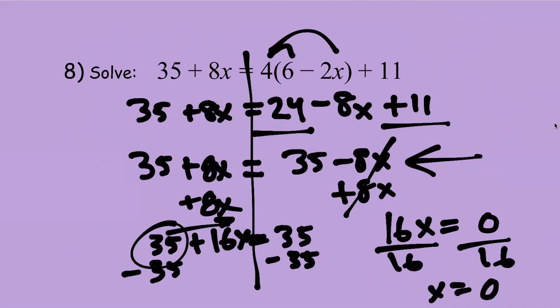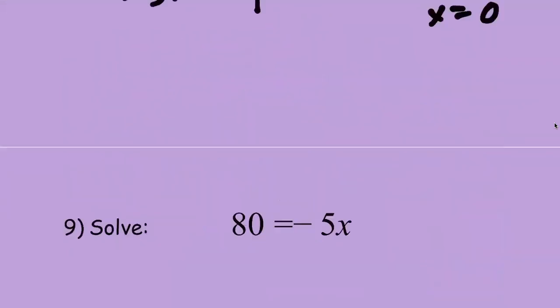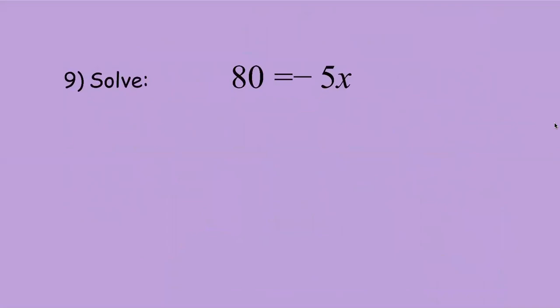All right, we got one problem left. 80 divided by negative 5 times x. Well, whenever you want to get a number by itself and it's being multiplied by something, you do the opposite. So you divide by its coefficient. Negative 5, divide this by negative 5, and you get x over here.